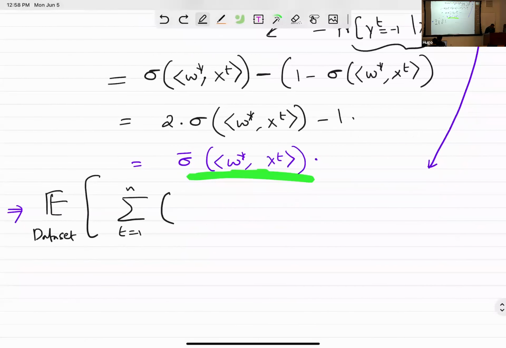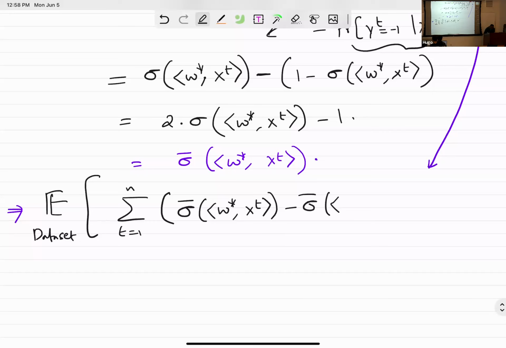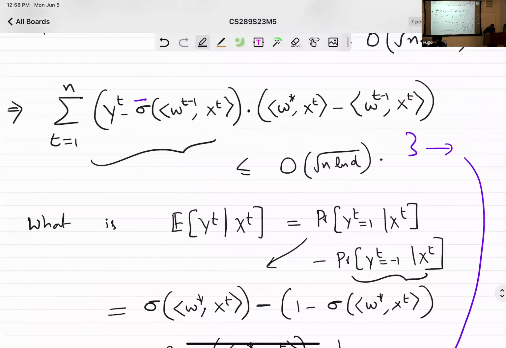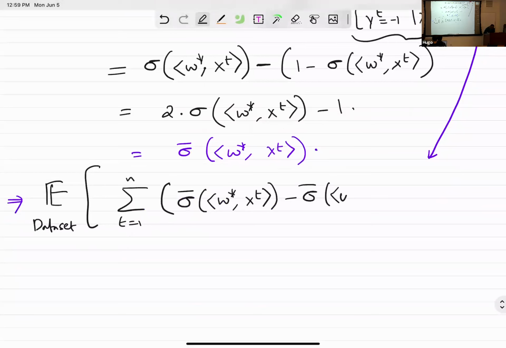I'm just going to plug it in. I get <W star, x_t> minus <W_{t-1}, x_t>. So this is with the sigmoids, times the difference between the inner products without the sigma.